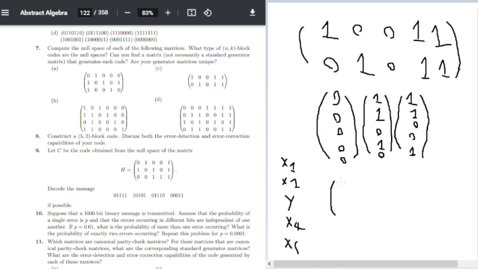Next we'll have 0, 0, 1, 0, 0, and 0, 0, 1, 1, 1. And we also have the case for y equals 2, which will give us a 10 code word code that generates each code.